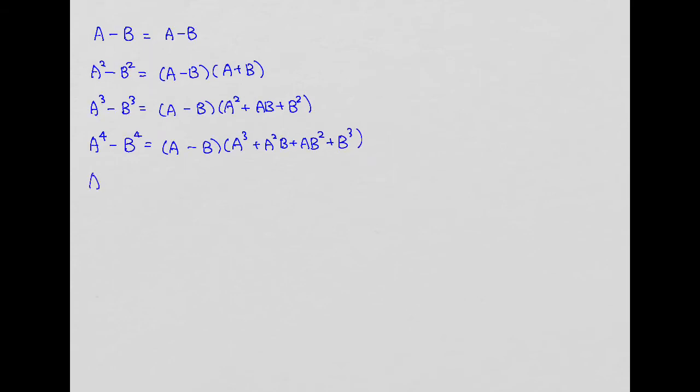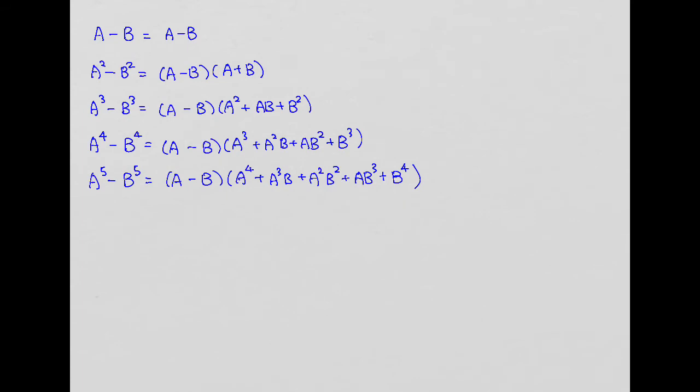And if I do a⁵ − b⁵, you have a − b again, and you have a⁴ + a³b + a²b² + ab³ + b⁴.